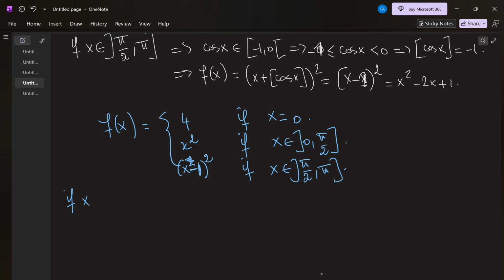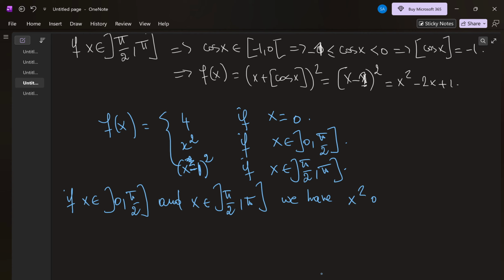If x is in the interval from 0 to pi over 2, and if x is in the interval from pi over 2 to pi, we have x squared and x minus 1 all squared, which are both continuous.